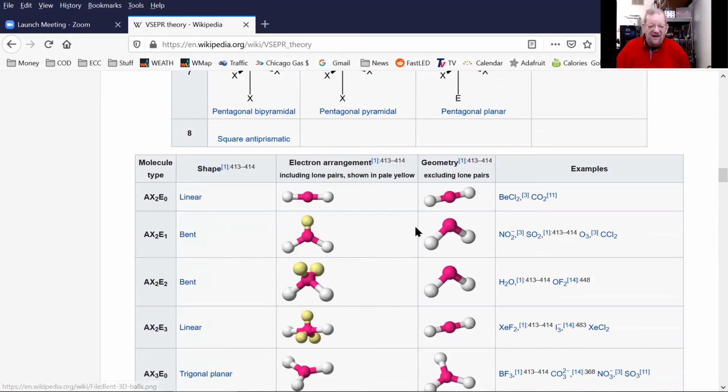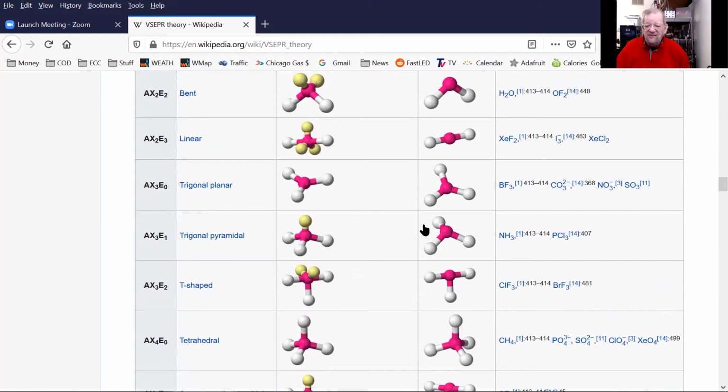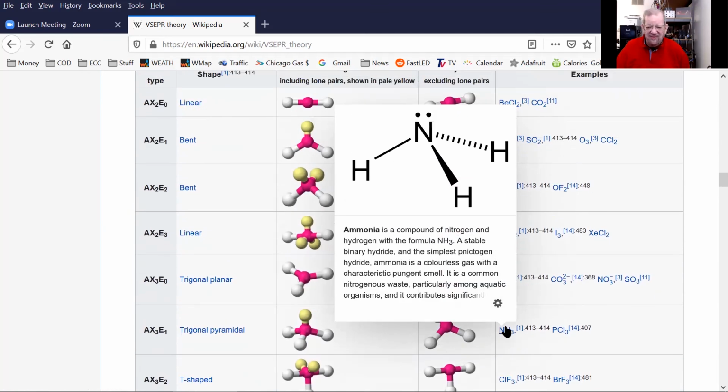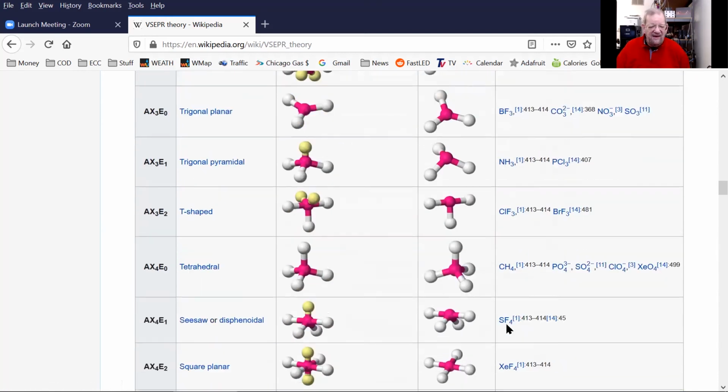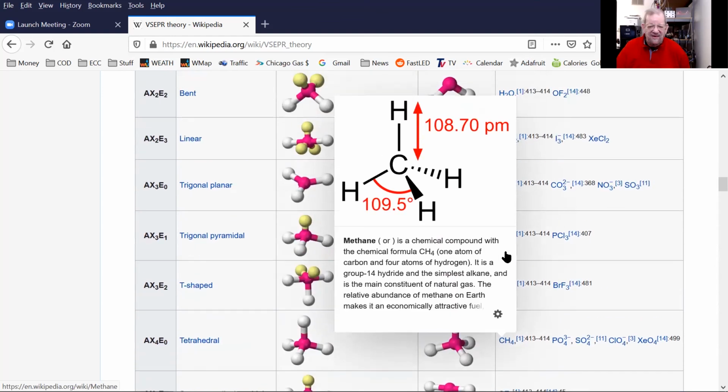And they show here, water's bent like this. Let's go to ammonia, which is trigonal like that, planar. And let's find natural gas. It's got a tetrahedral shape.